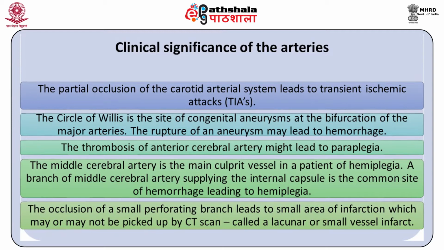The rupture of an aneurysm may lead to hemorrhage. Third, the thrombosis of anterior cerebral artery might lead to paraplegia. Fourth, the middle cerebral artery is the main culprit vessel in a patient of hemiplegia. A branch of middle cerebral artery supplying the internal capsule is the common site of hemorrhage leading to hemiplegia.